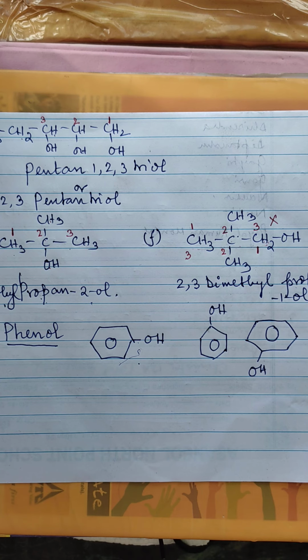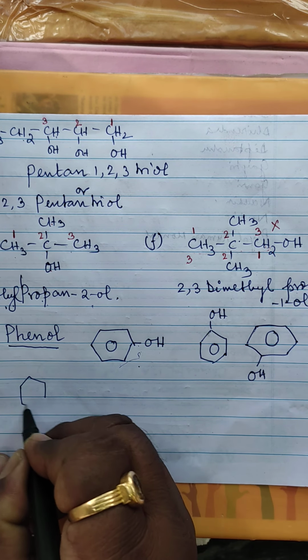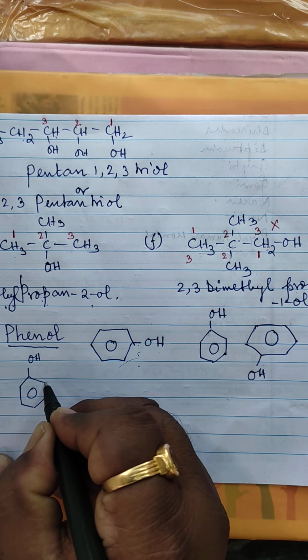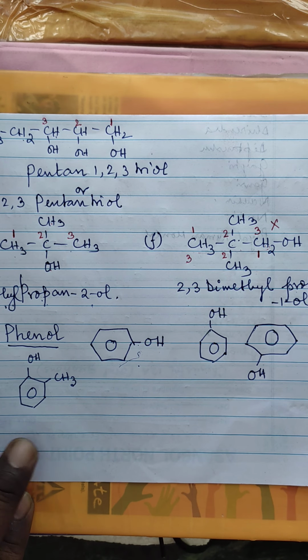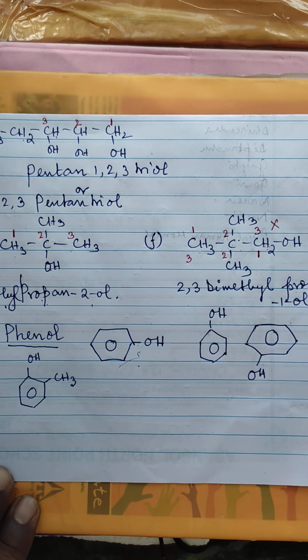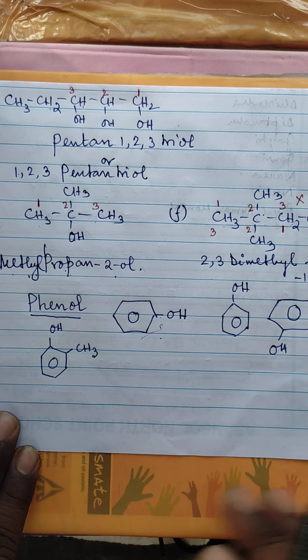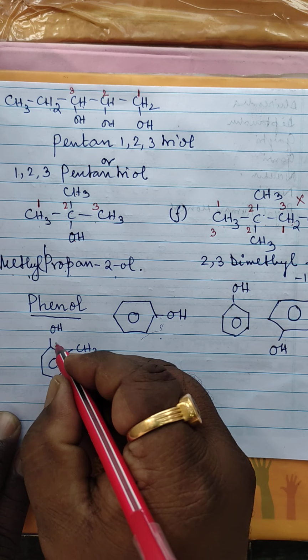Suppose we have a benzene ring like this, with a CH3 attached to it. Now how to name this compound? Here this is the first position and this is the second position.